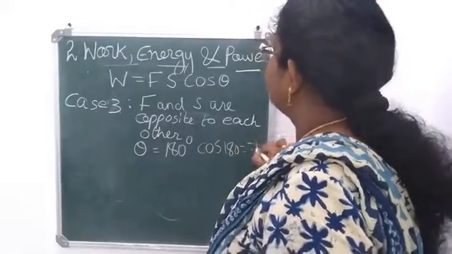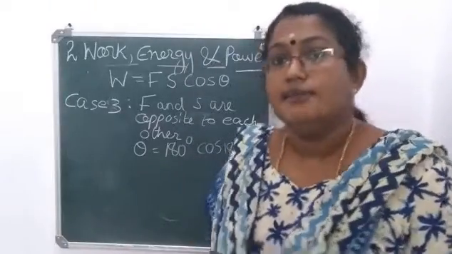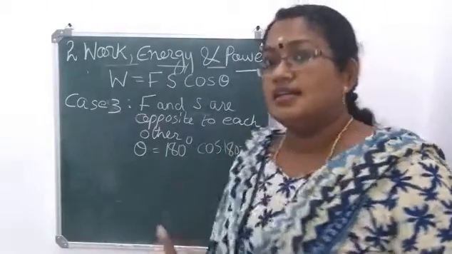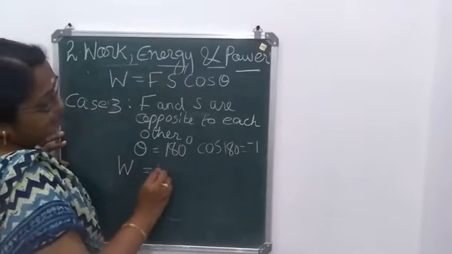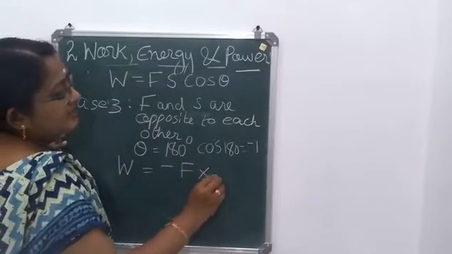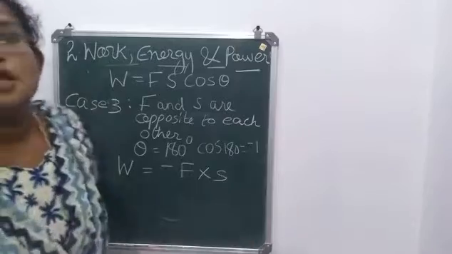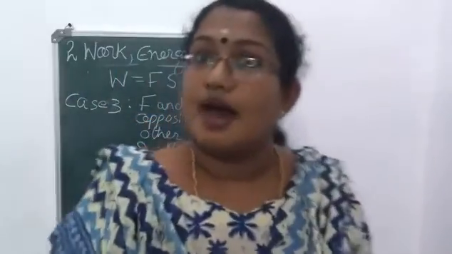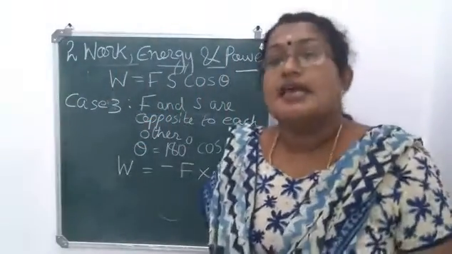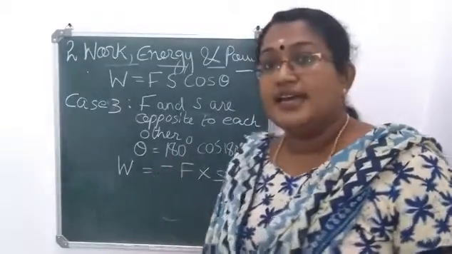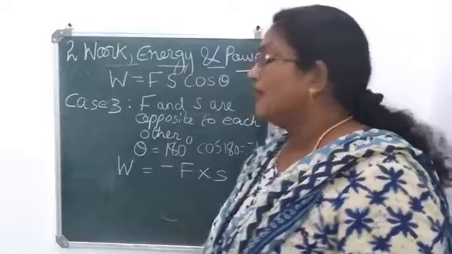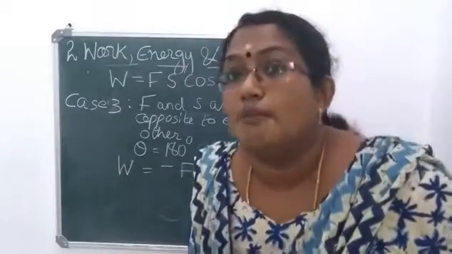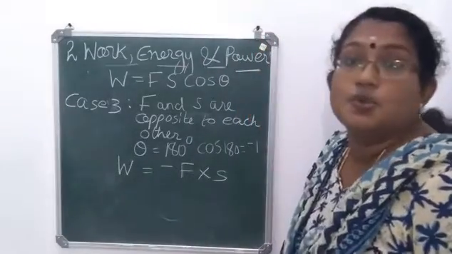Cos 180 is minus 1. So what will be our equation? W is equal to minus F into S. So if force and displacement are opposite to each other, then theta will be 180 and cos 180 is minus 1, so the work done will be given by the equation minus of F into S.